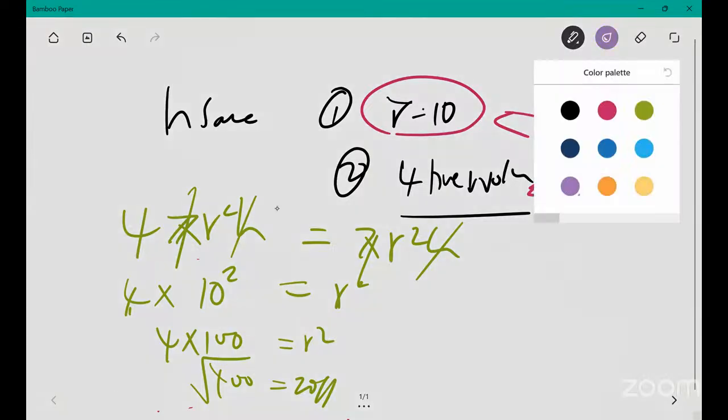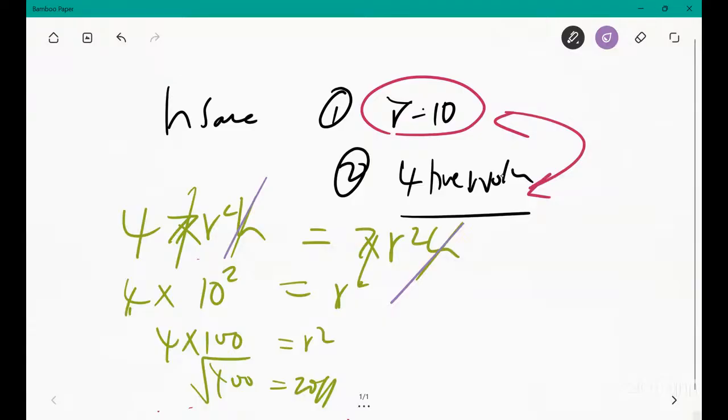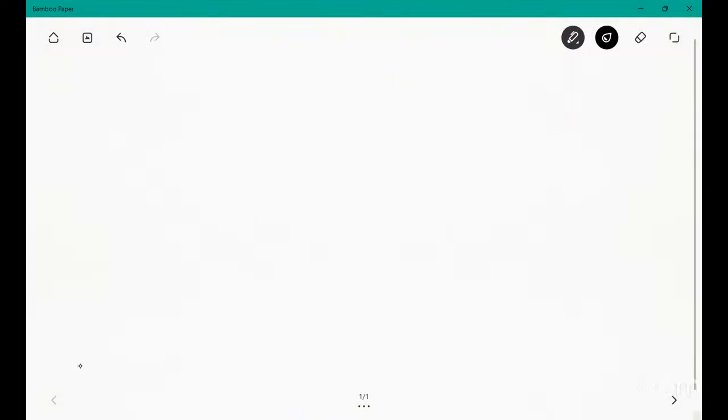And then it says one has radius 10 centimeters and the other has 4 times its volume. From my understanding, it should be that. I'm not sure. Anyways, do you understand how to work out this question?